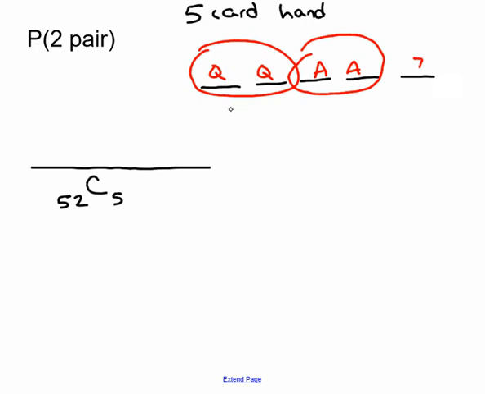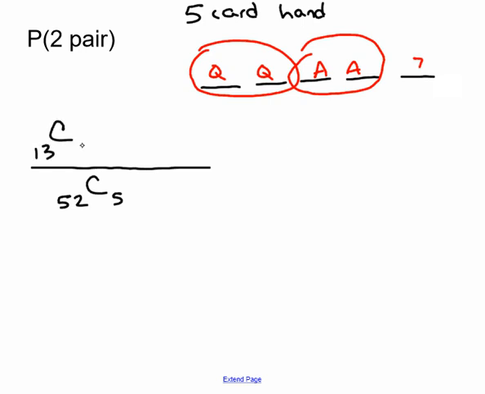So getting two pair. There are other ways to do this, but this is just the way that makes sense to me. We have two different kinds that we need to make pairs of. Between 2, 3, 4, 5, 6, 7, 8, 9, 10, Jack, Queen, King, Ace, there are 13 kinds.